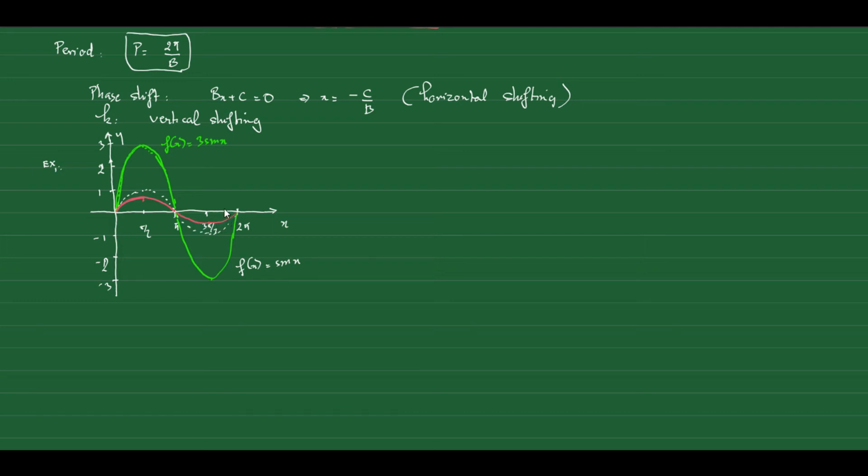There you go. So the red one will be f of x equals 1 over 2 sine of x. The period, again, is still 2 pi, because the period is 2 pi over b, and b is still 1. You just change the period when you have a different b value. So that's how you sketch the sine function.